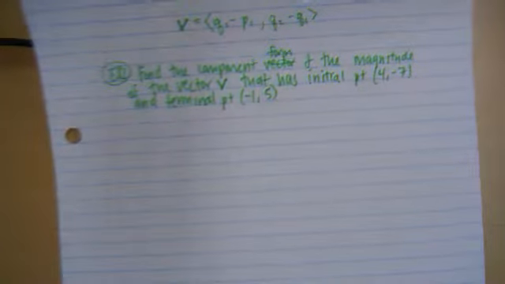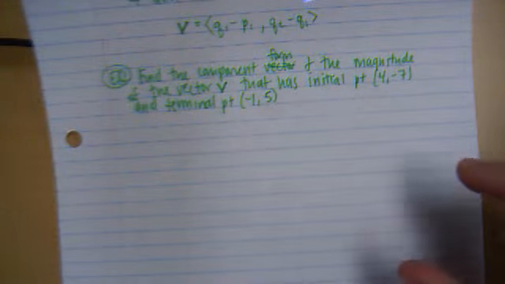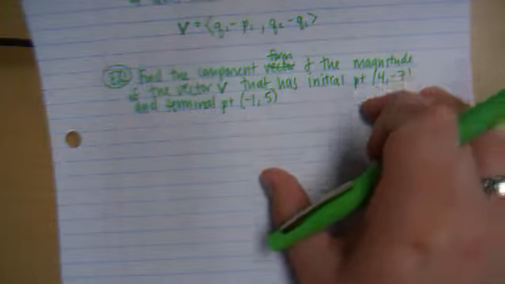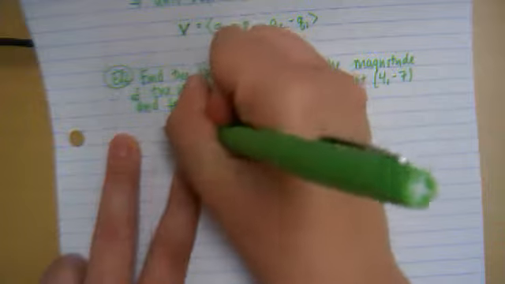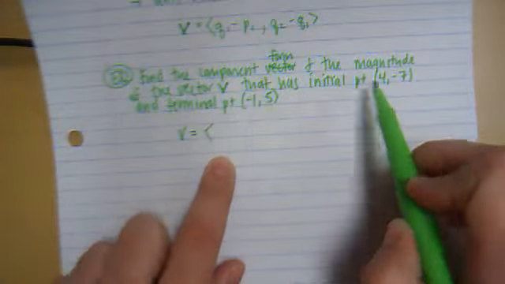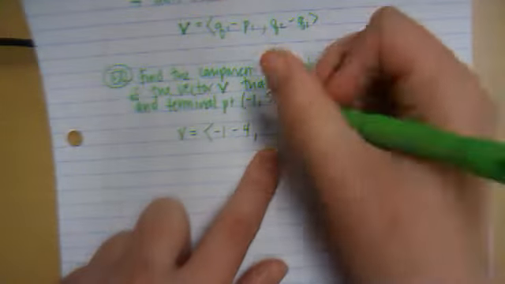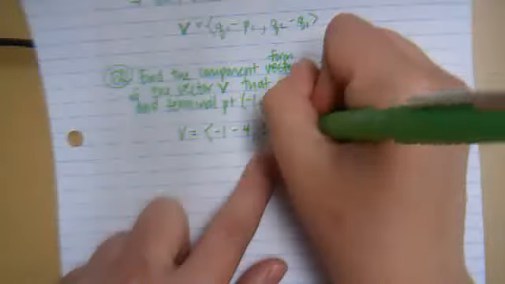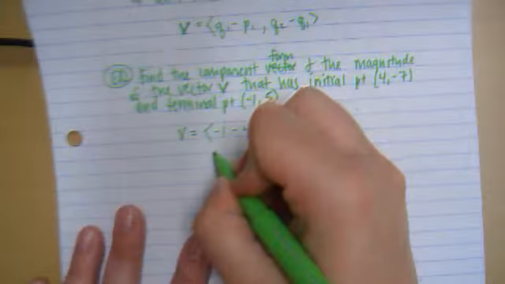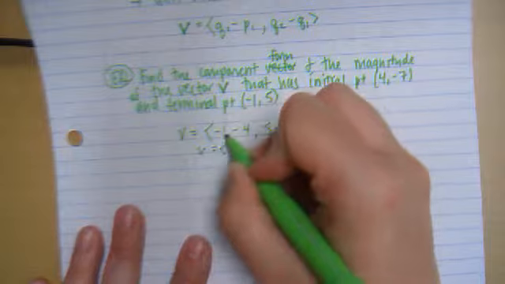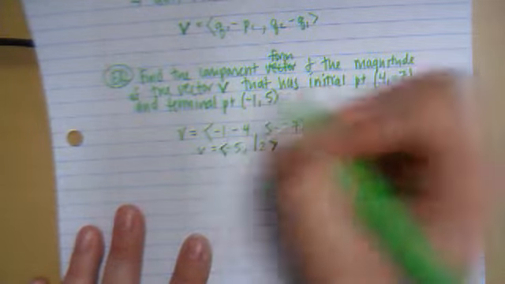So I need to find the component form. It doesn't start at the origin, so I want to make it. I basically want to take these points and shift them so it'll start at the origin. So I'm going to take my terminal minus my initial, so -1 minus 4, comma, terminal minus initial, 5 minus -7. So this becomes <-5, 12>. So this is my component vector.